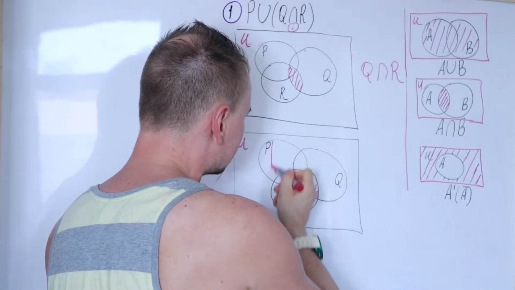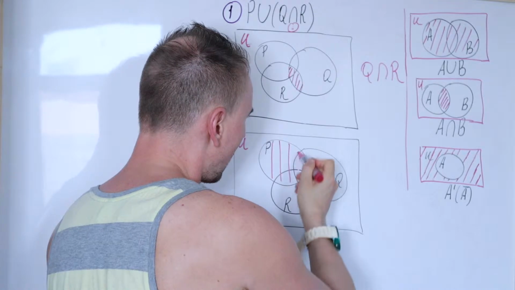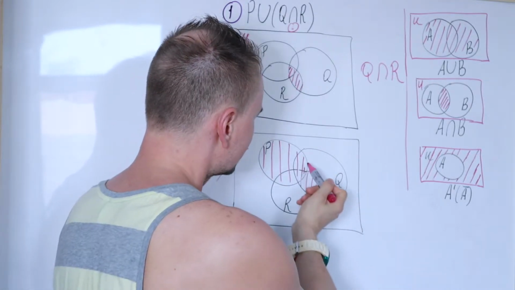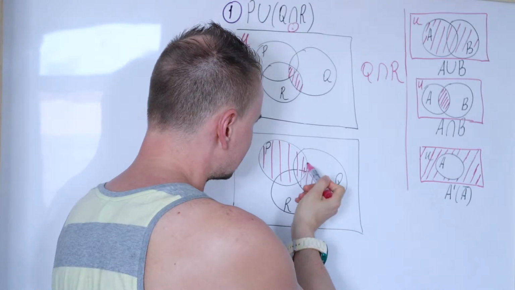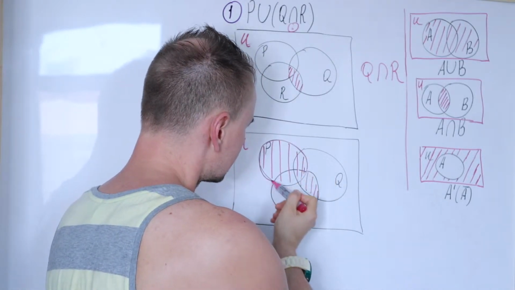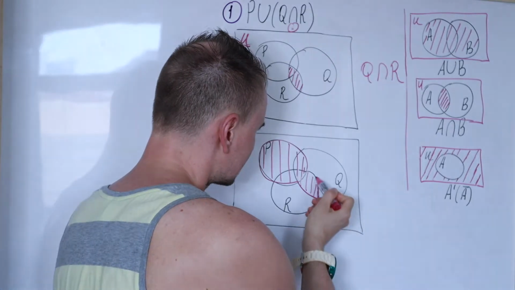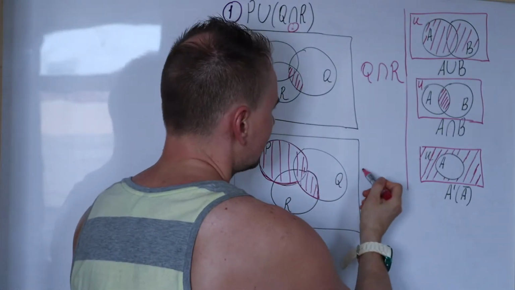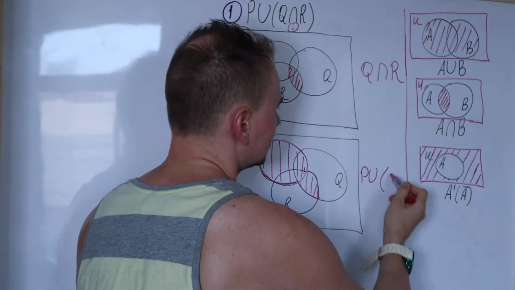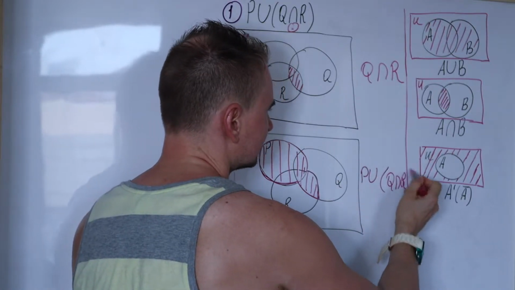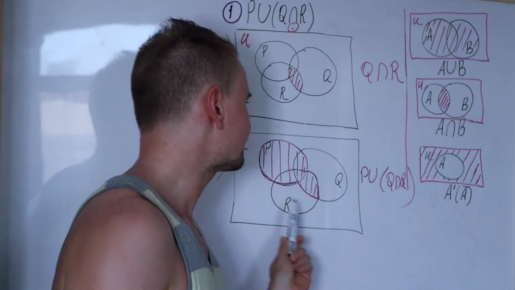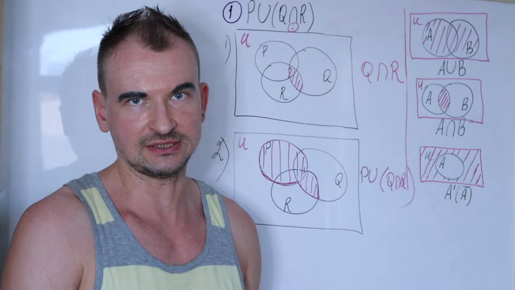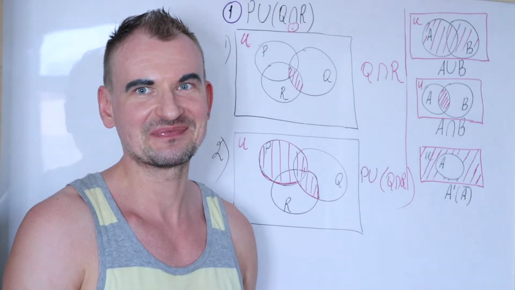So the part involving P is also going to be highlighted. Basically it's going to be this part, just like this. So that's your P union Q intersection R. That highlighted part is your final solution for this problem.